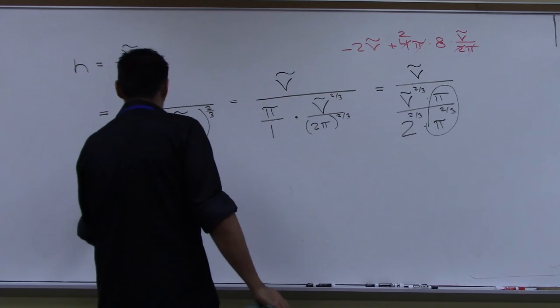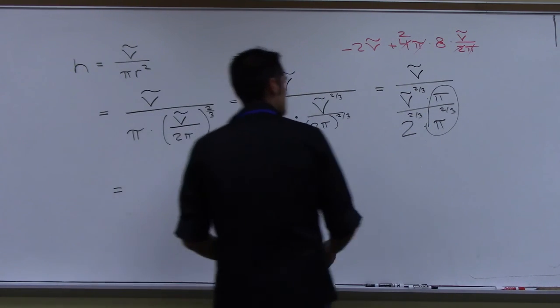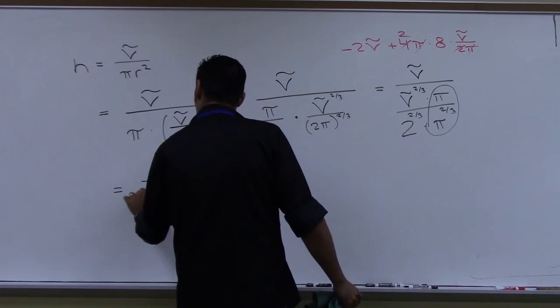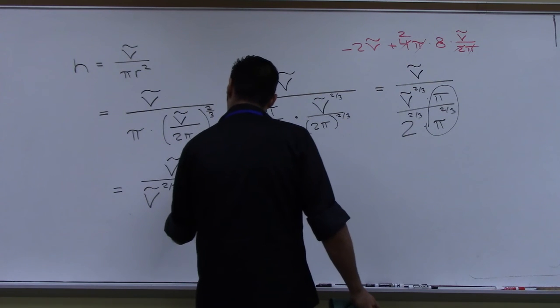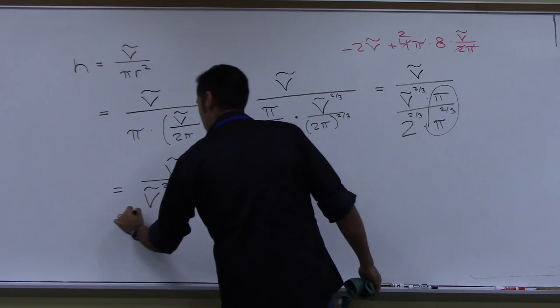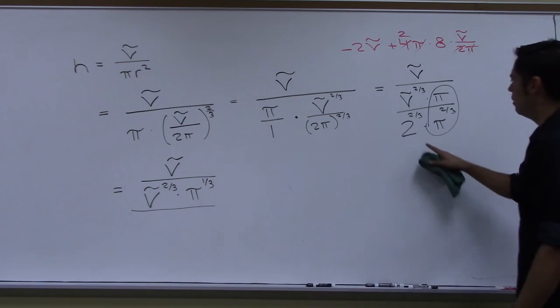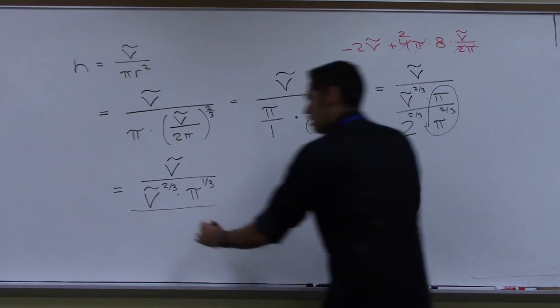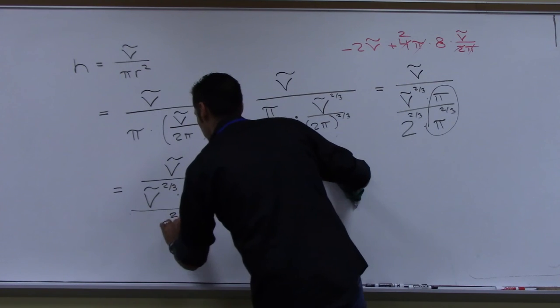Pi to the 1/3. Over 2 to the 2/3. What is 2 to the 2/3? I guess we can't do that. We'll just leave it, 2 to the 2/3.